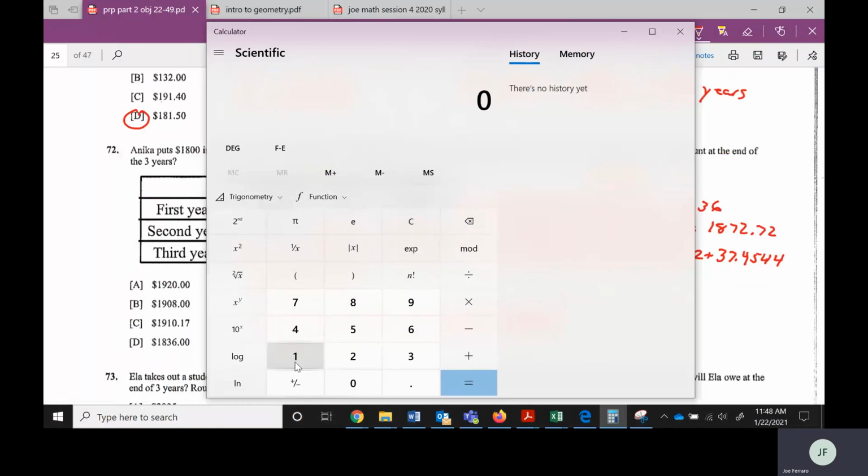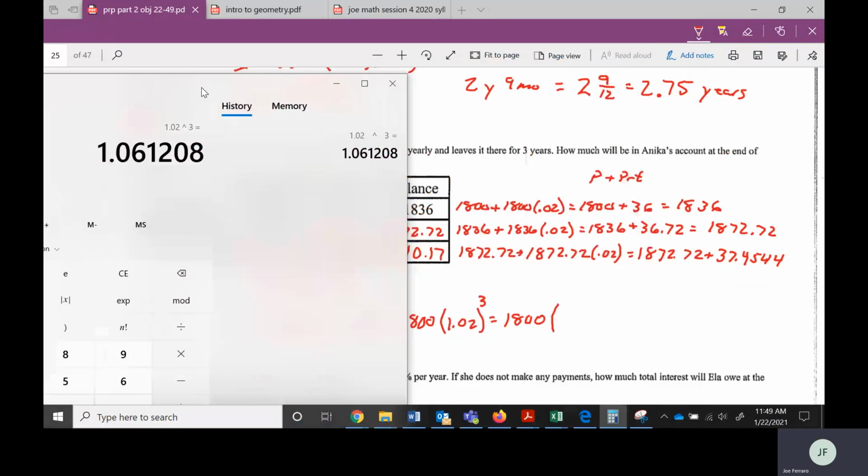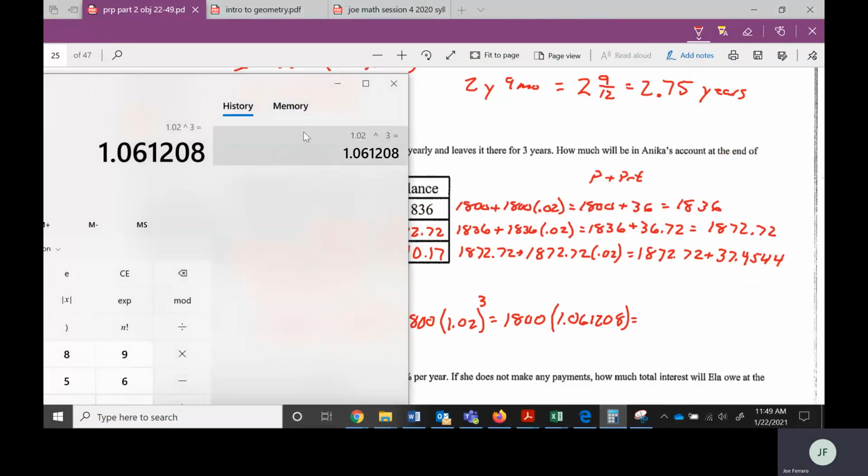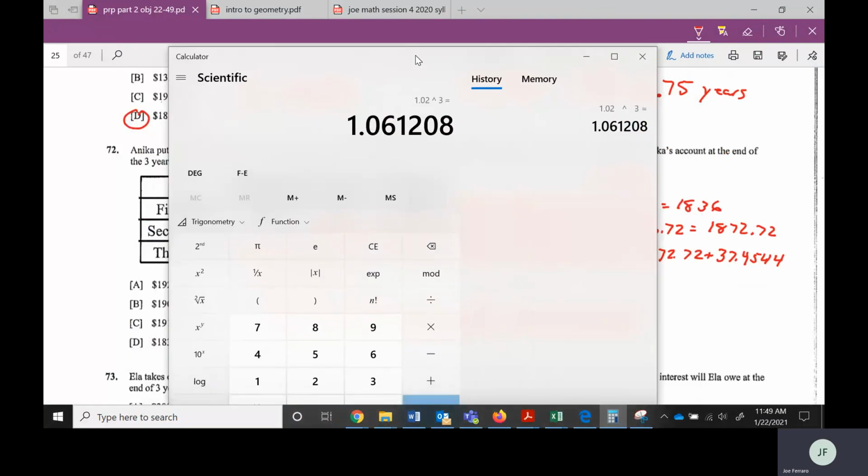Okay, so 1.02, hit this button, and then 3, equals, so we're going to get this. Now, instead of writing this out all the time, just leave it in your calculator. Okay, because now you're going to multiply by this 1,800. So don't erase that. Just keep it there.